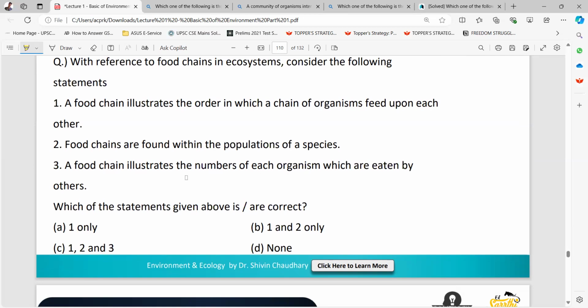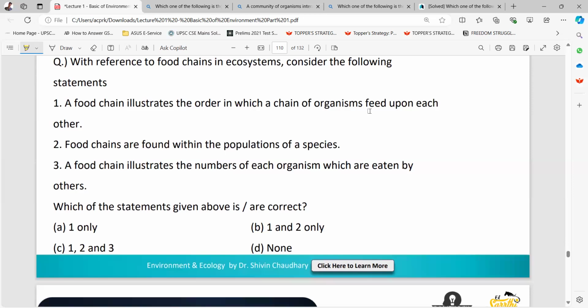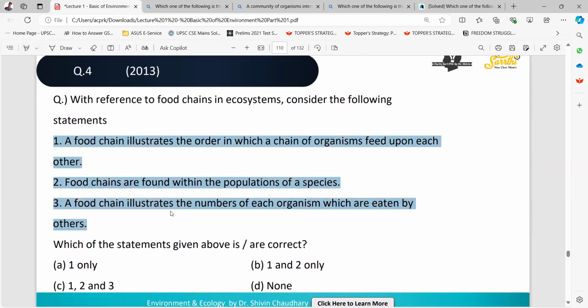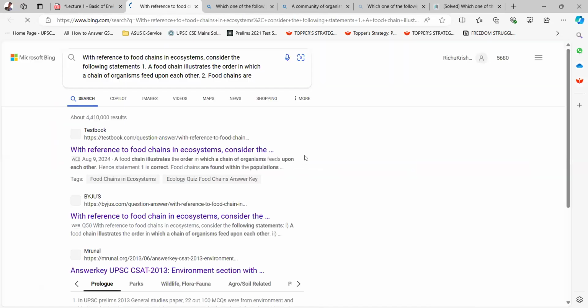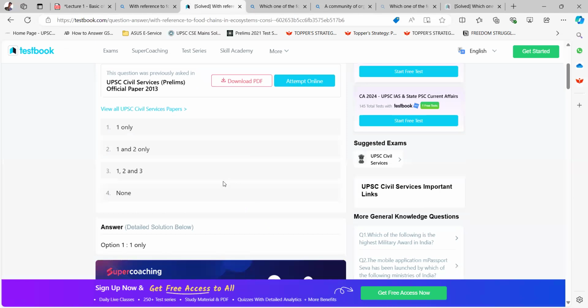A food chain illustrates the numbers of each organism which are eaten by others. I think it's B, 1 and 2. Let's check the answer. It's 1 only.